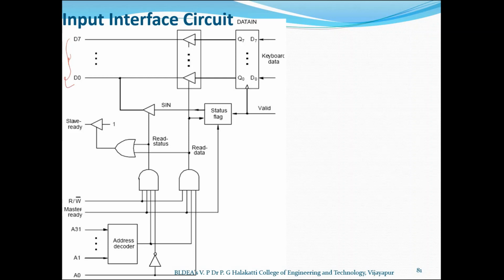The output of the data in register is connected to the data lines D0 to D7. In between you are able to see this part. It is called a tri-state driver. So the connection between the data in register and the data lines is through these tri-state drivers.